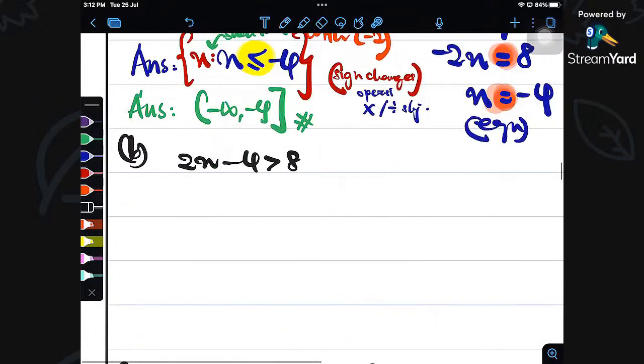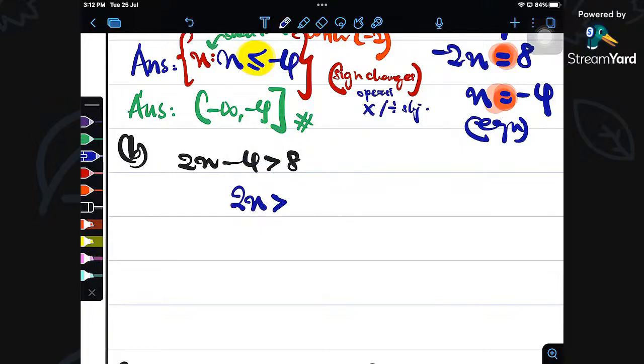Okay, let's go forward to the next part. Here, we need to find the value of x. That's our goal, we know that. And this is still an inequality, and this is -4. So in order to eliminate this -4, I need to do +4 on both sides. So it becomes 8 plus 4 here.